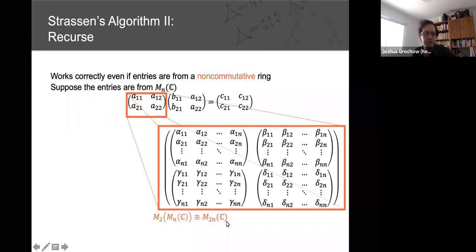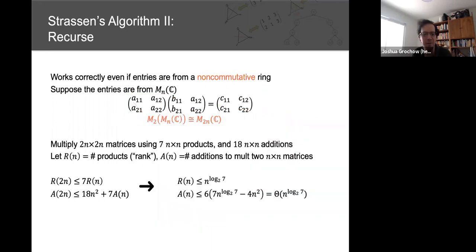So if you can improve 2x2 matrix multiplication, you can recursively do this to improve n by n matrix multiplication. You can now multiply 2n by 2n matrices using only 7 n by n matrix products and 18 n by n matrix additions.